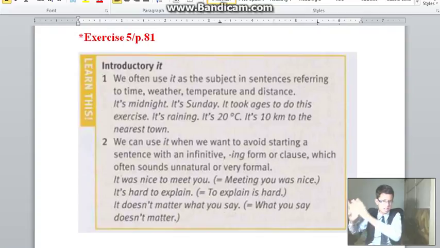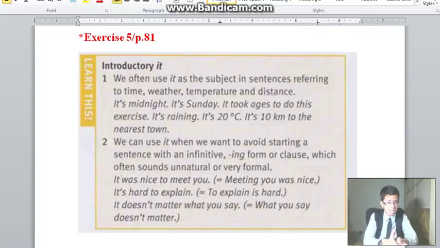But if we don't use it, we may put the verb of that sentence into ing form and put it at the top of the sentence, like here. Meeting you was nice. So it sounds very formal and very unnatural. So it was nice to meet you.